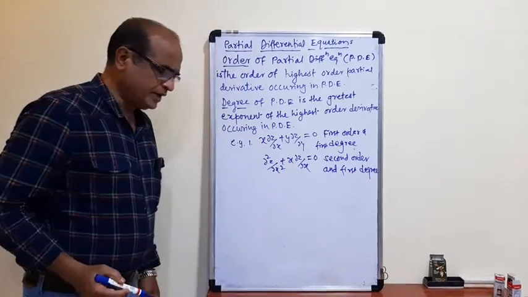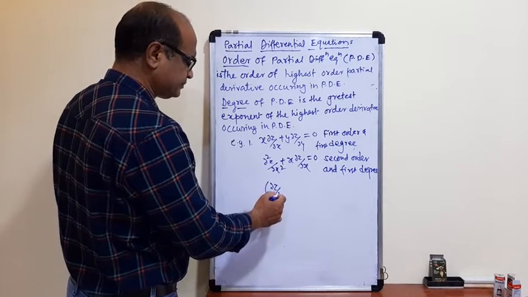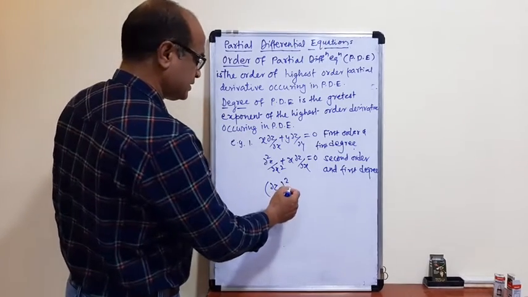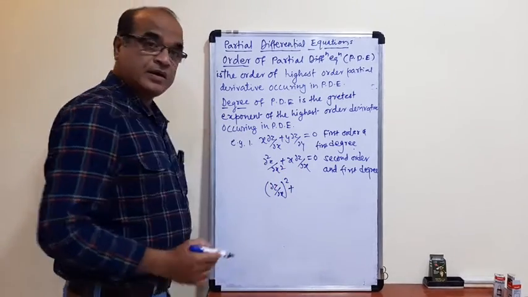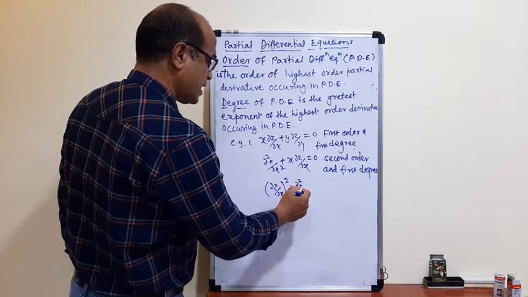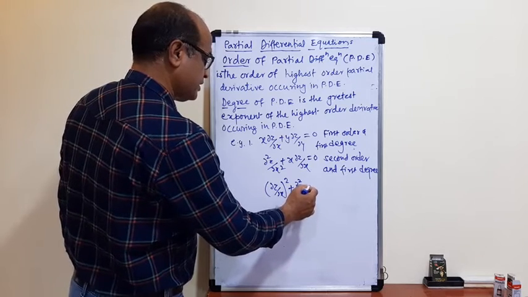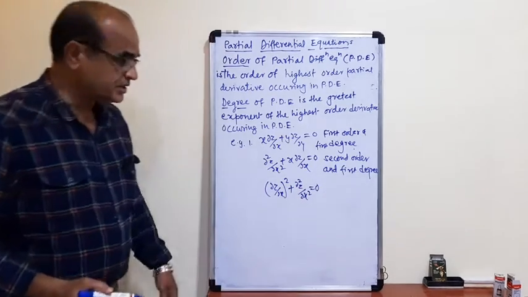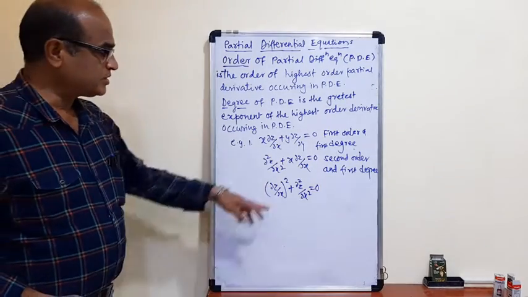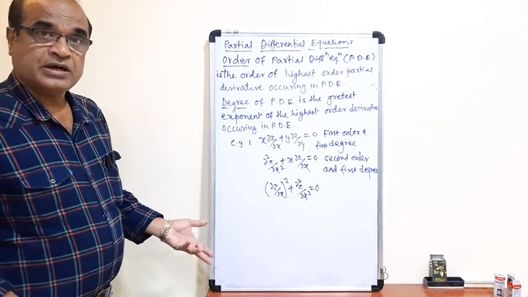We take another example: (∂z/∂x)² + ∂²z/∂x² = 0. What is the order and degree of this differential equation? The order is 2, since the highest order differential coefficient is ∂²z/∂x², which is the second order. What is the degree? The degree is 1, first degree. The exponent 2 on the first derivative is not the degree, because that is not the highest order differential coefficient.